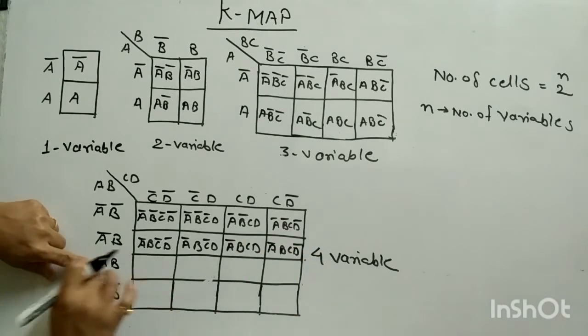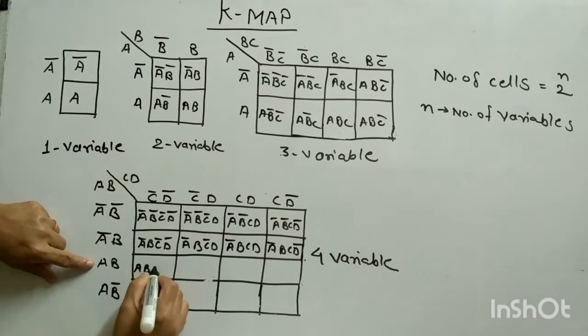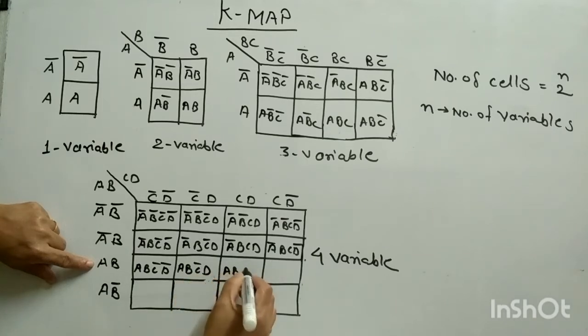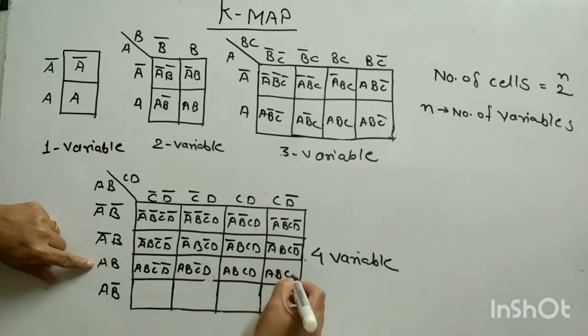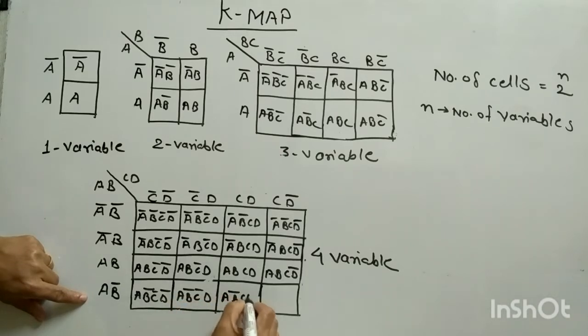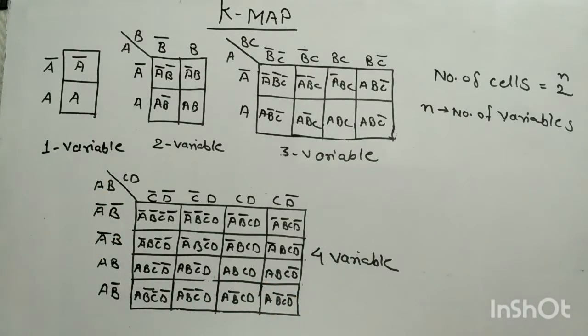For the third it is A B C bar D bar, A B C bar D, A B C D, A B C D bar. And for the last it is A B bar C bar D bar, A B bar C bar D, A B bar C D and A B bar C D bar. So this is how the product terms are assigned to the K-maps for different numbers of variables.